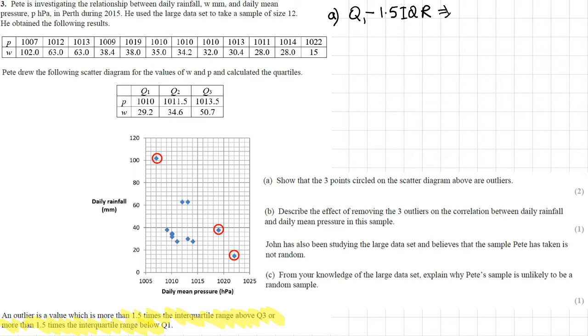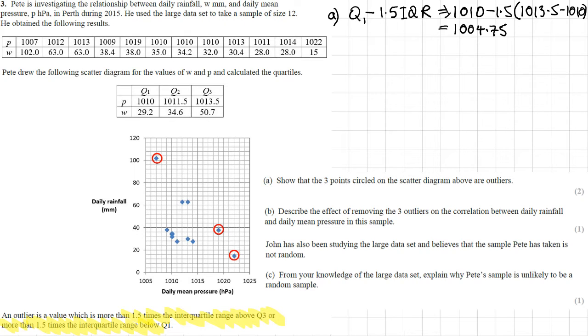So Q1 is 1010, and I want to subtract 1.5 times the interquartile range. So that's going to be 1013.5 minus 1010, and that gives me 1004.75. So any value below that is going to be an outlier.